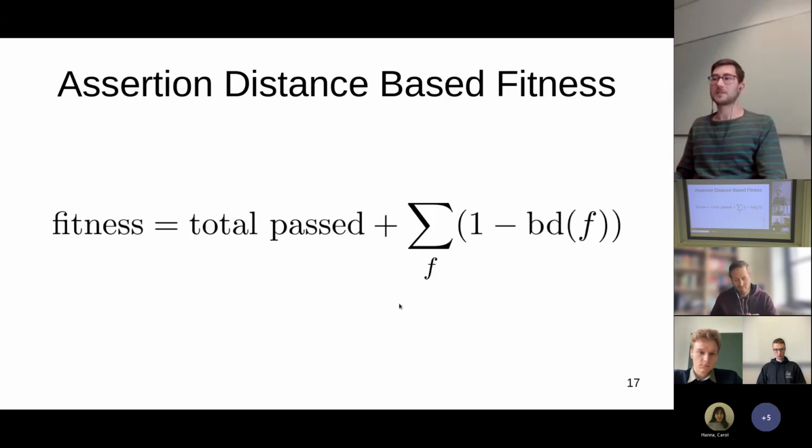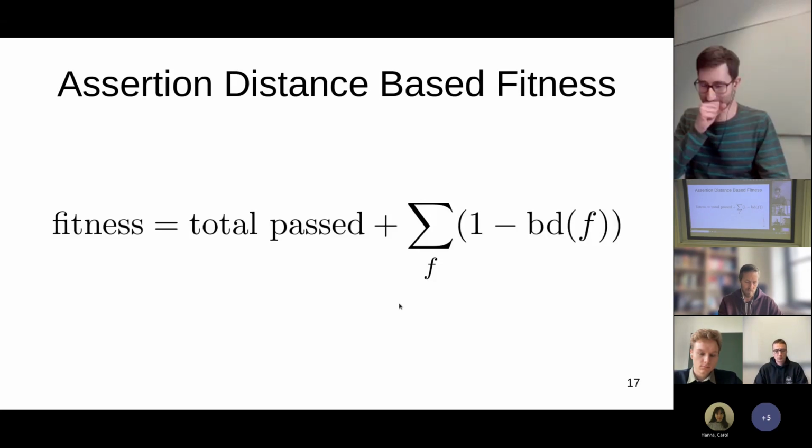That's why we have to subtract the branch distance from 1, because the branch distance decreases as we come closer and closer to making the test pass. And once the test passes, we should have a fitness of 1. There's still a problem, though. I'm not sure if you can spot the problem or not.